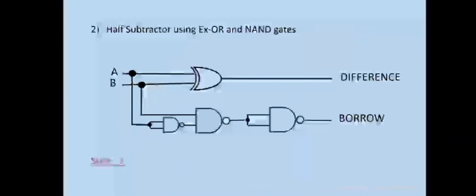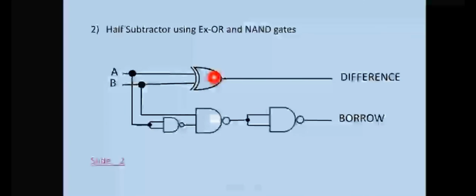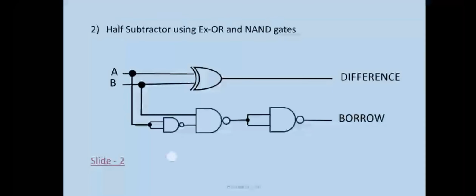So, we will have one XOR gate over here, one NAND gate over here. By shorting both input terminals, this will behave as a NOT gate, and this NAND gate output is supplied to the input of the second NAND gate.